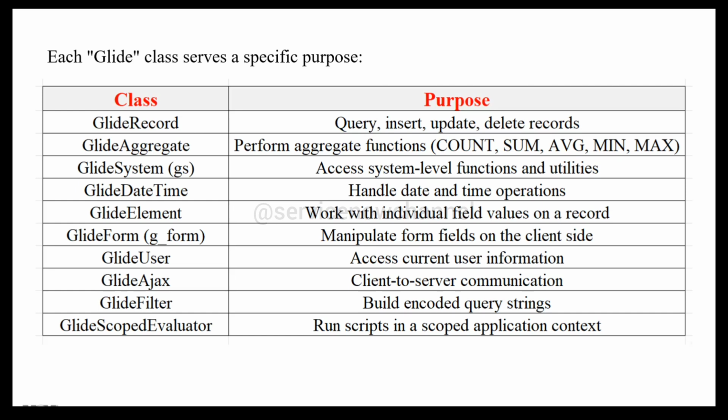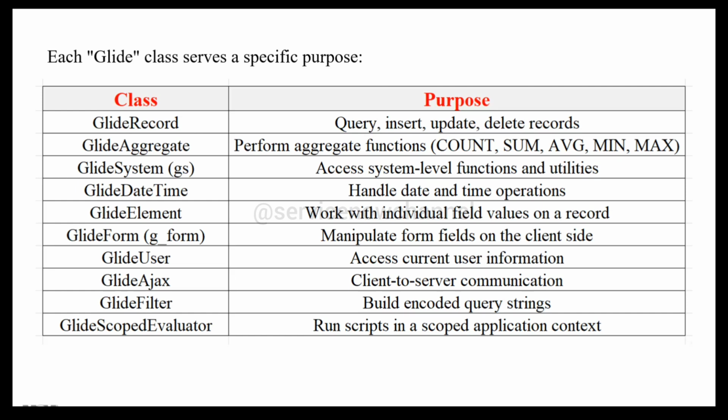Those things come under GlideDateTime. So next we have the GlideElement class. The GlideElement class purpose is to work with individual field values on a record. For example, if you need to update an individual field value in a record, for example in an incident record, RITM, SC task, so like that. If you need to work on an individual field in those records, then we can use GlideElement.